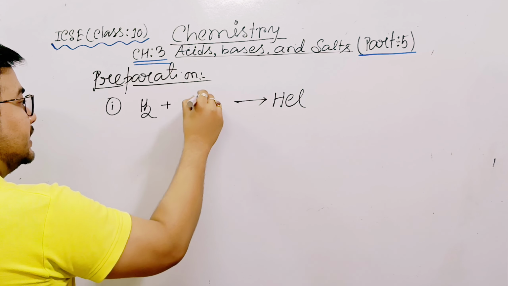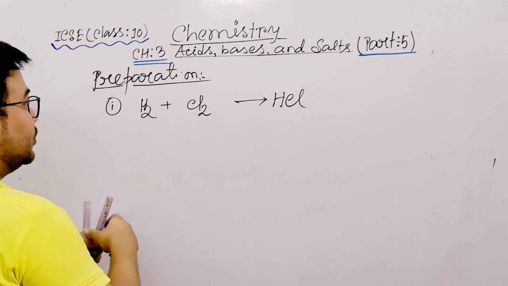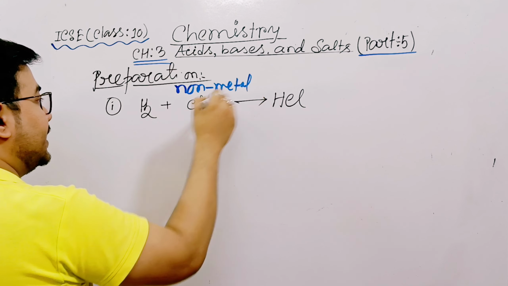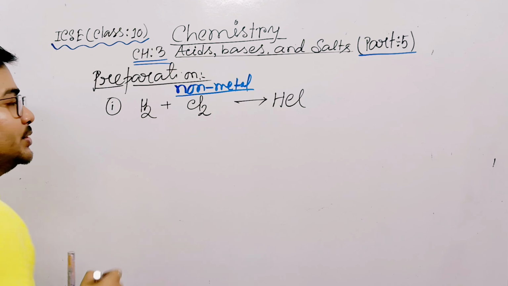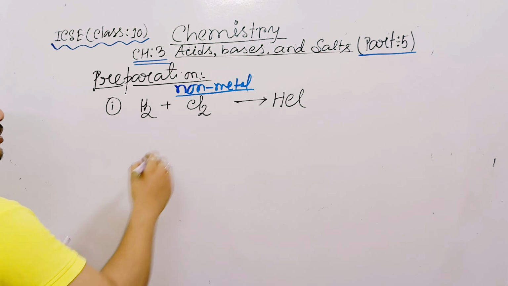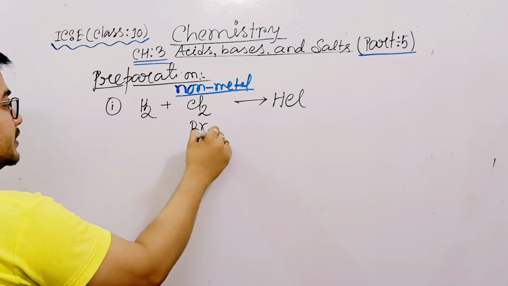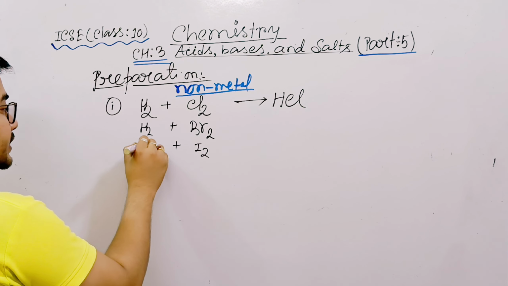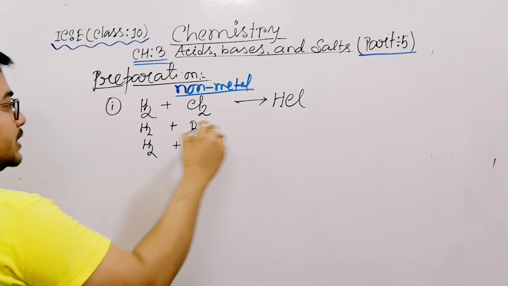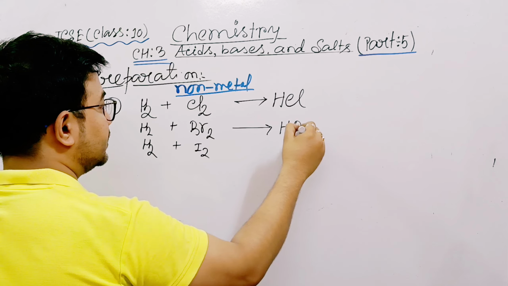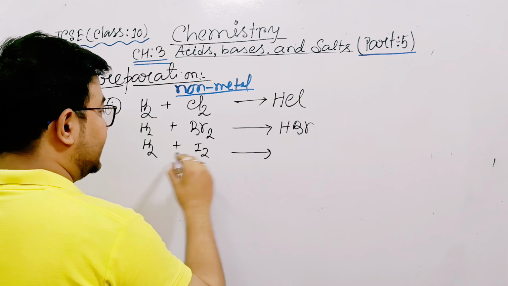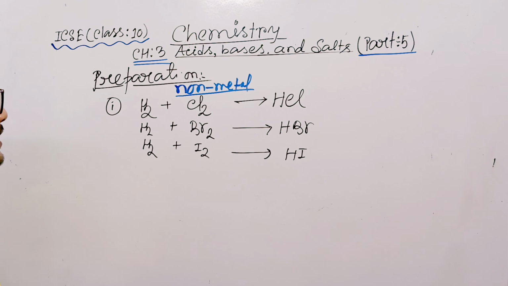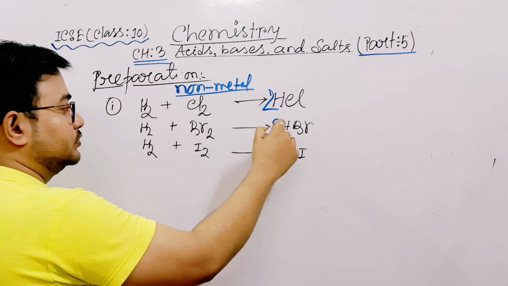plus Cl, Cl means chlorine, so chlorine is a non-metal. So when any non-metal reacts with hydrogen, not only chlorine but also bromine, but also iodine. H is common here, so HBr, HCl done, H and I, HI. You can also balance this equation by putting 2.